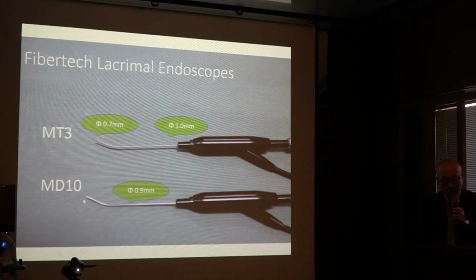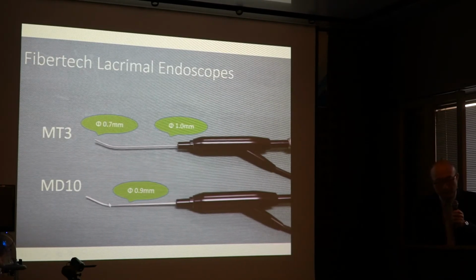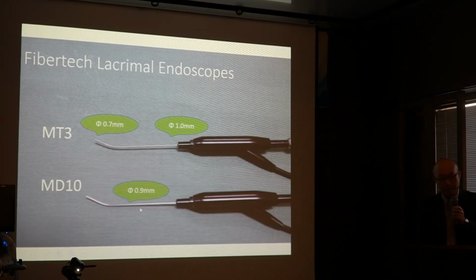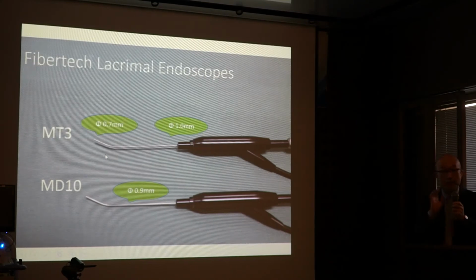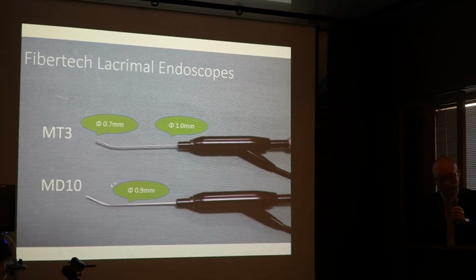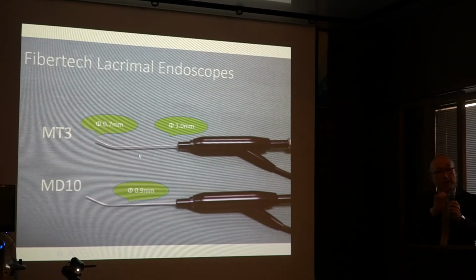On the other hand, MD10 has a uniform diameter probe. Everywhere the diameter is 0.9 millimeter. MD10 is much more rigid than MT3. This is fine, but rigid because of the tapered shaped probe.